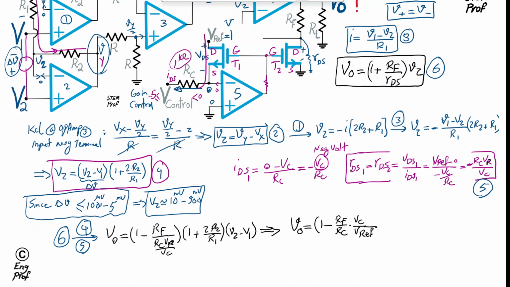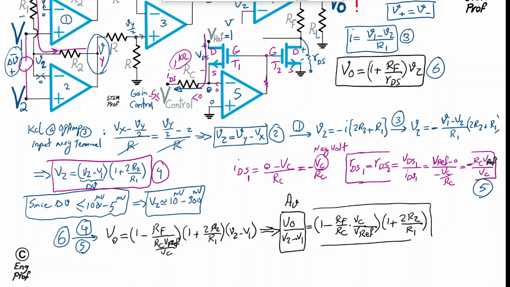And just to avoid confusion, that V reference times 1 plus 2R2 over R1. I can write that V2 minus V1 here in the denominator of Vout. So basically the gain of the circuit is equal to the product of these terms.